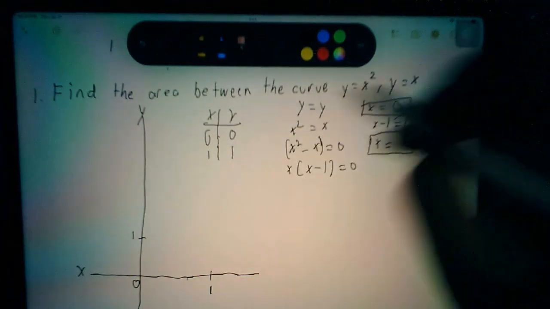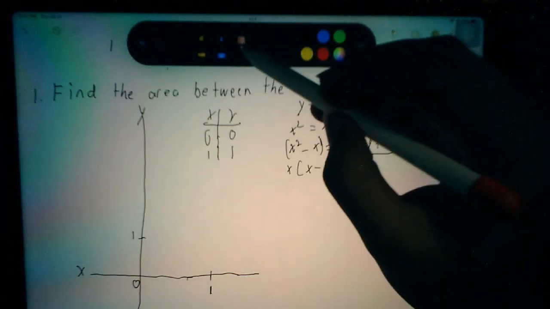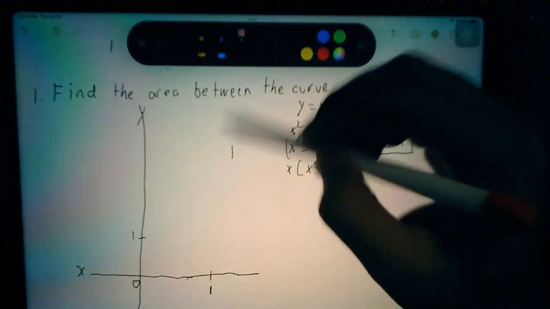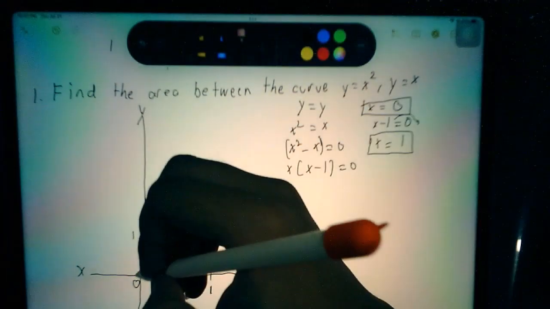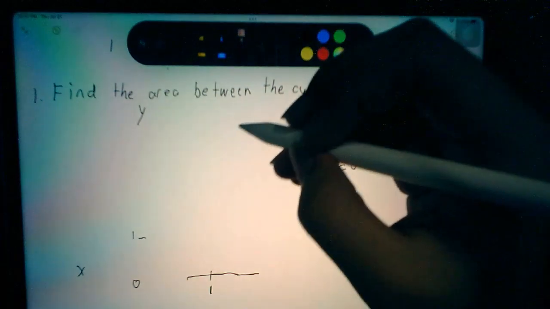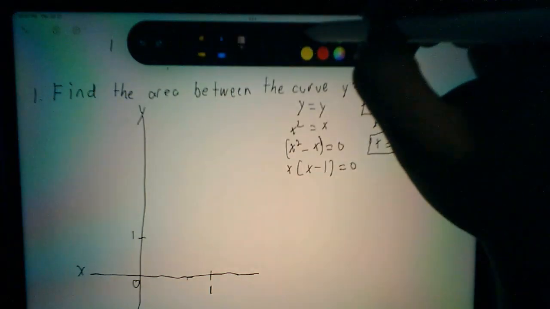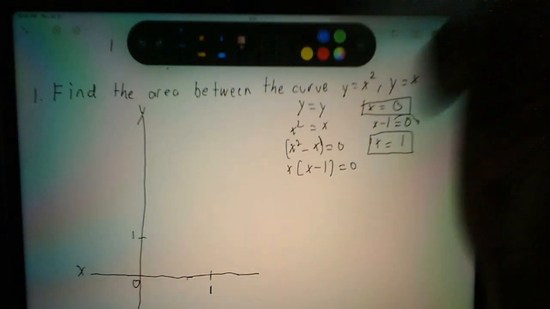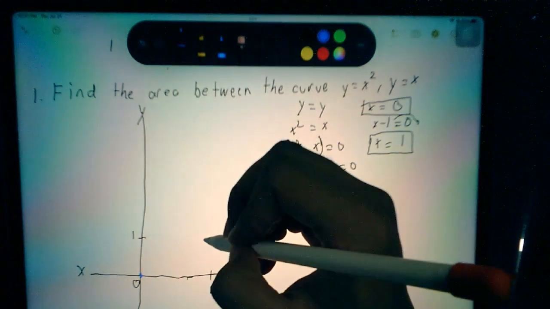So it is the same for both when y equals x. Let me erase this part first. So our points here are (0, 0) then (1, 1).